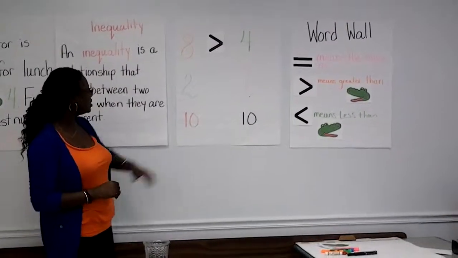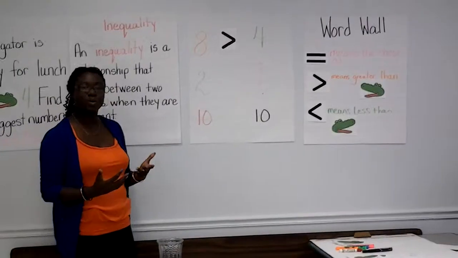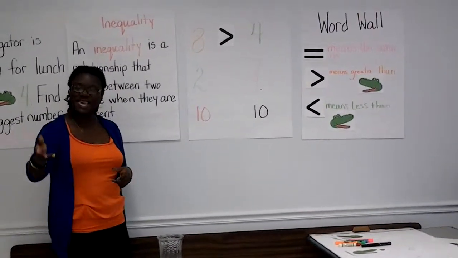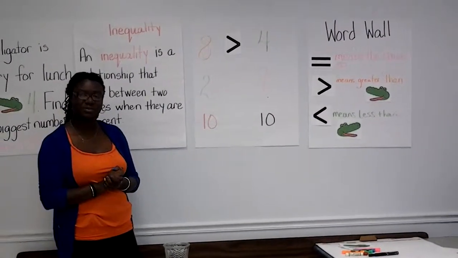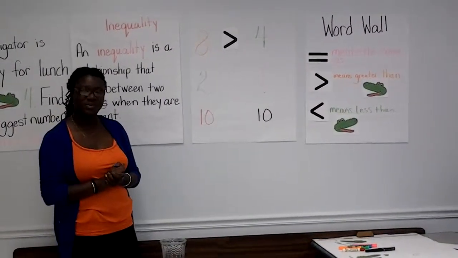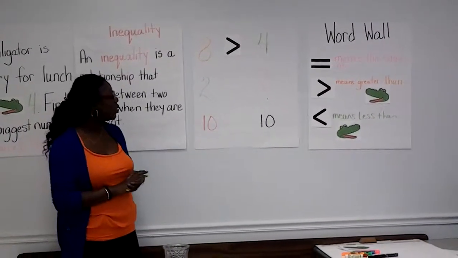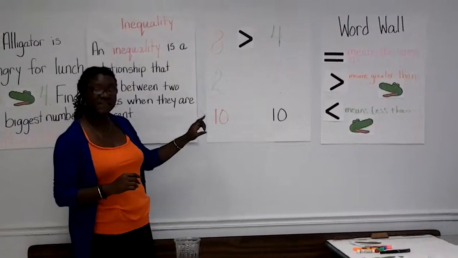And what about 2 and 7? Which sign would you use? Yes? I would use the less than sign, with the 2 being less than and the 7 being greater than. So, which direction would the sign face?